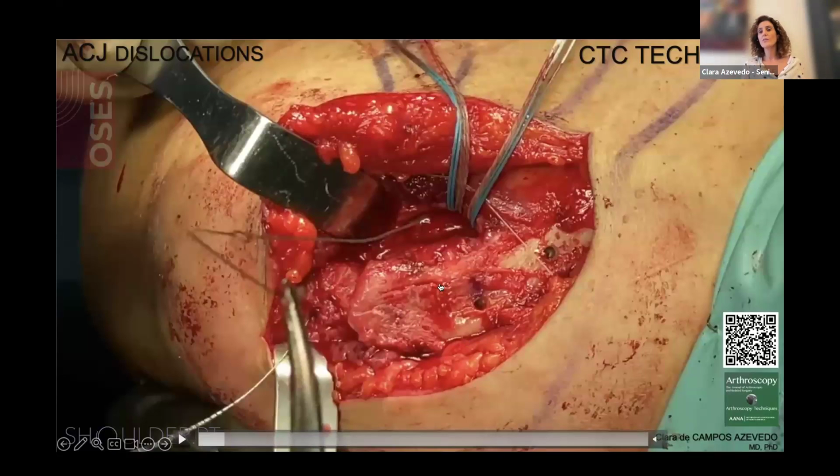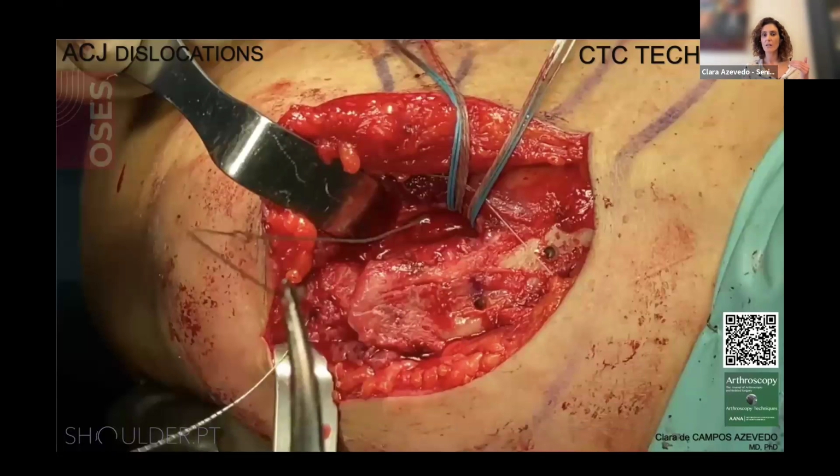One of the major advantages of this technique is that you are not conditioned by an ACL guide type of tunnel. So you're not doing a direct tunnel from the clavicle to the coracoid. You first try to drill in the footprint of the conoid and the trapezoid, these two anchors.